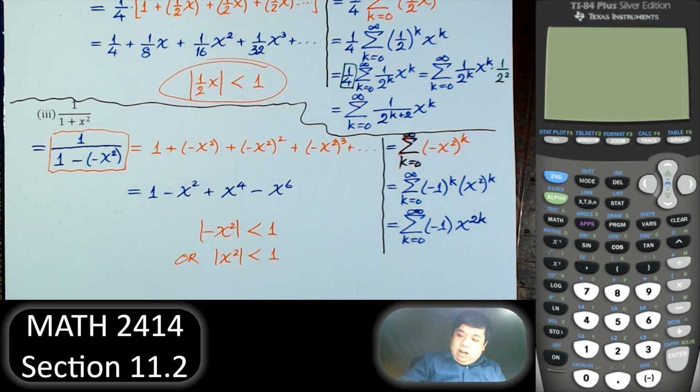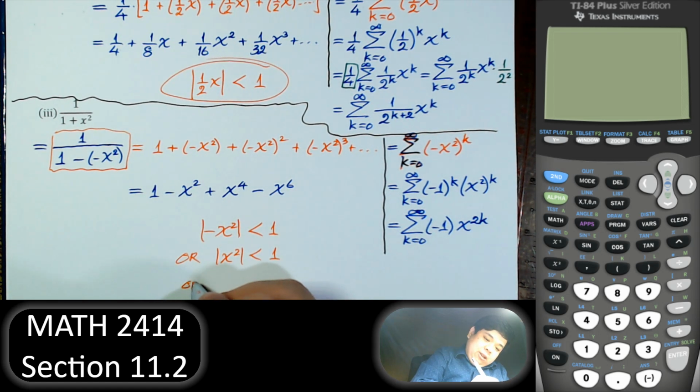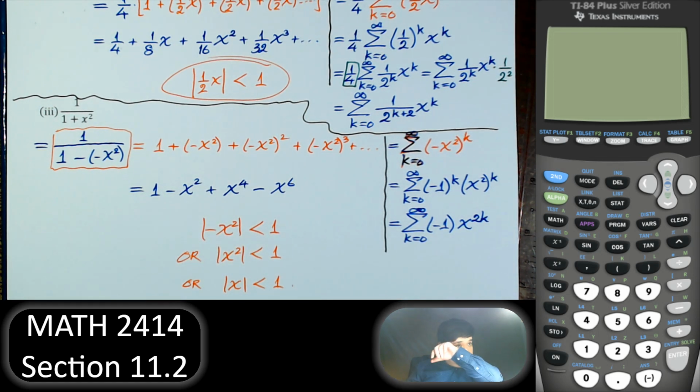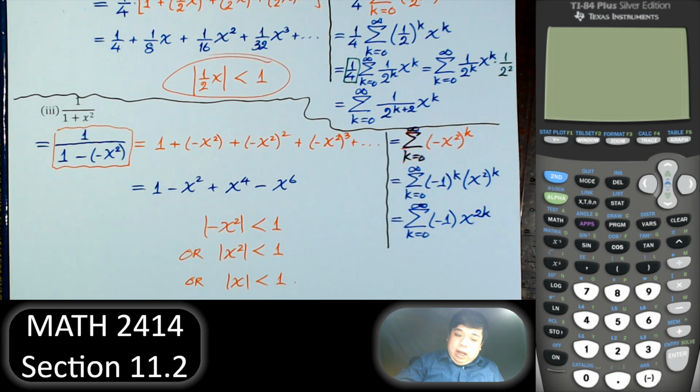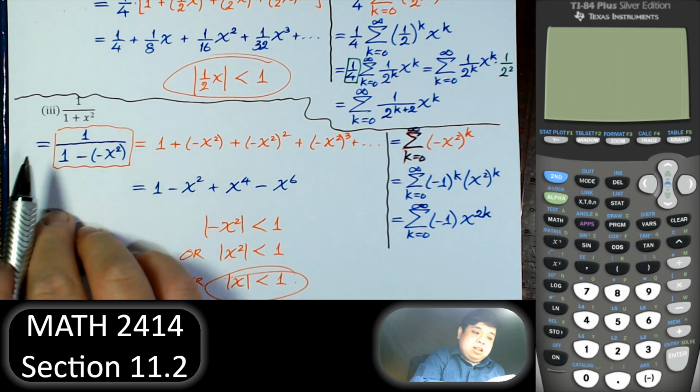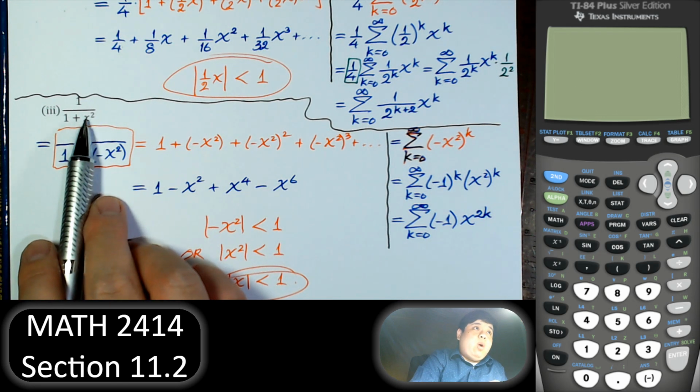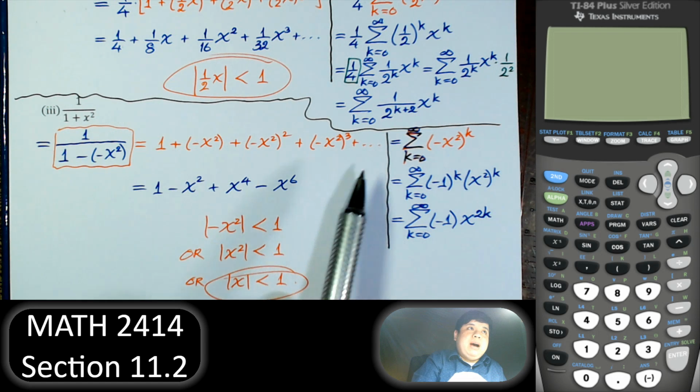So we can just say absolute value of x less than 1. Right, and only works if x is less than 1. If x is bigger than 1, we cannot write it as a power series like this.